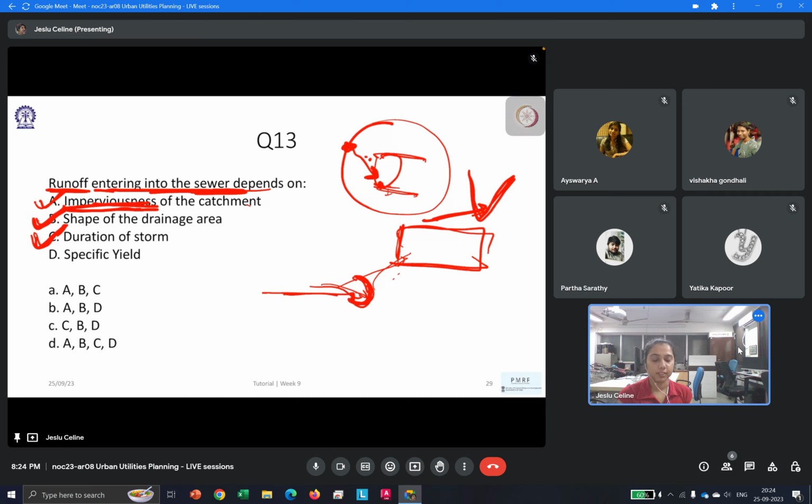What is specific yield? We might have to go back to our module 3 where we discussed groundwater aquifers and the specific yield of groundwater. It mainly talks about how much water can be taken from the aquifer, or the yield of a well we discussed.